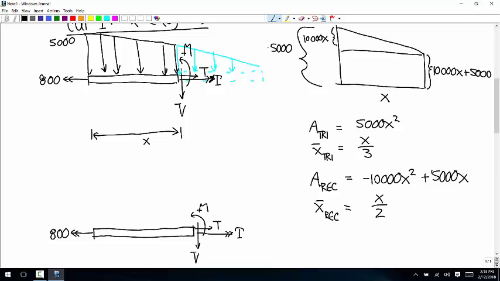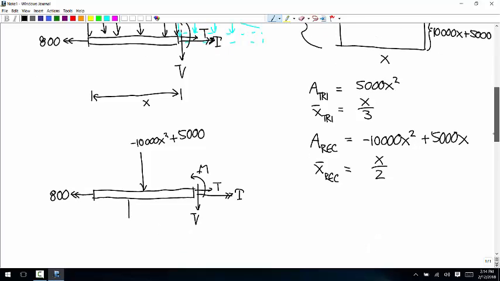And then from the distributed load, we have a point force at the center with a magnitude of negative 10,000 x squared plus 5,000 x. And then a third of the way from the left, I'll just put it down here for neatness, with a magnitude of 5,000 x squared.